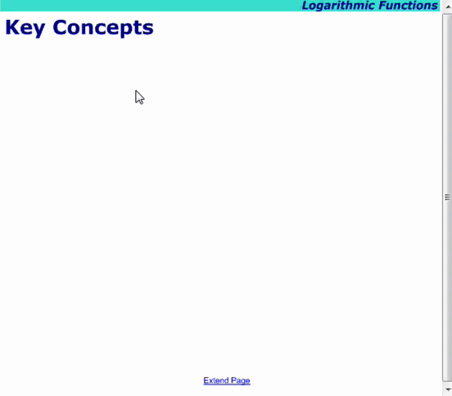Whereas if I got the inverse of an exponential function, I had y in the exponent and I couldn't get it out of that. But I can get it out of the exponent if I use the logarithmic function. And we've seen that it's important for us to be able to change from exponential notation to logarithmic notation. We've seen a quick example using pH, and we've also briefly looked at the graph of logarithmic functions.